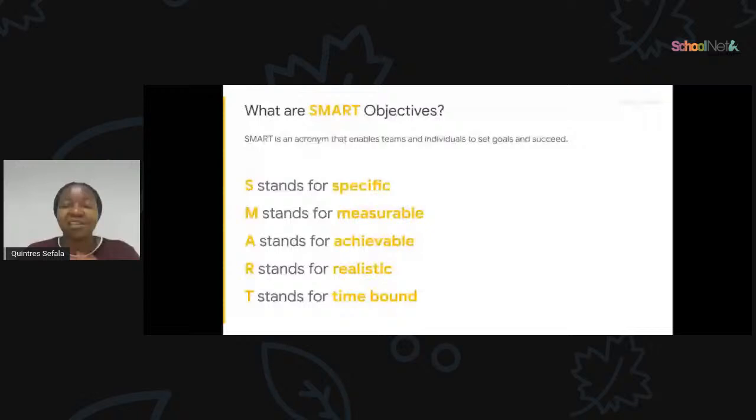And then you look at measurable. Measurable, you start thinking about what you are going to achieve, achievable.